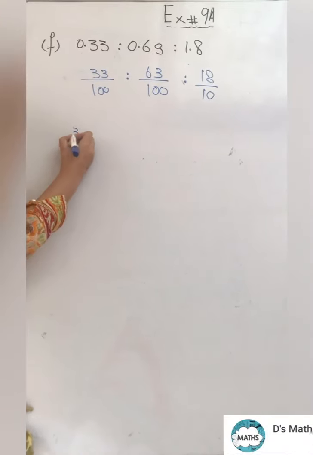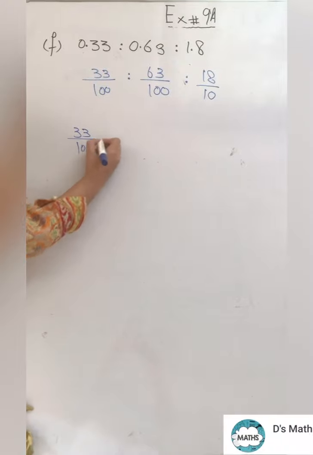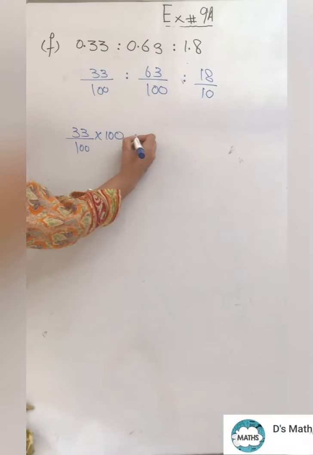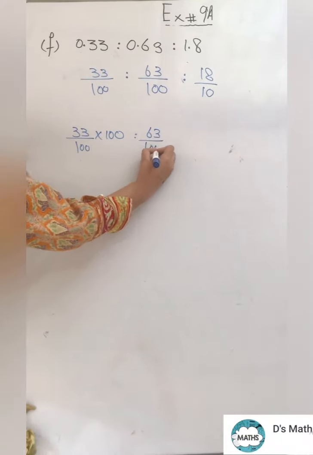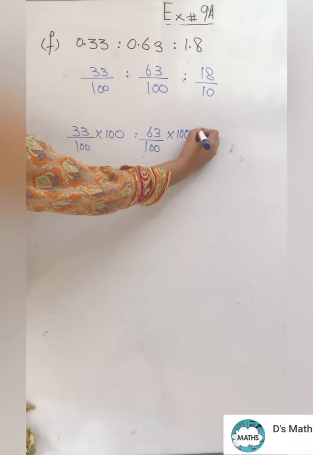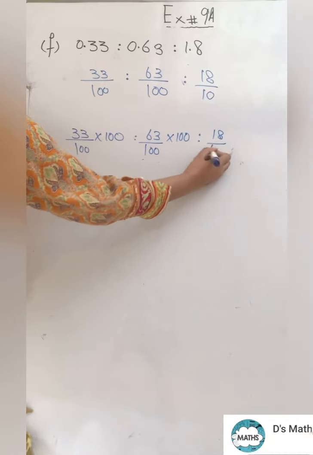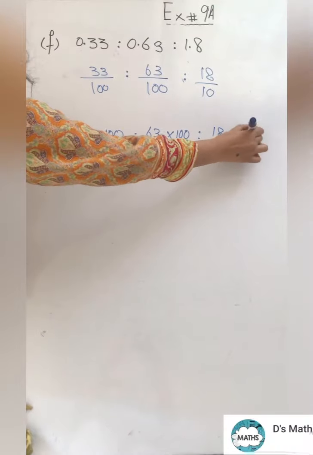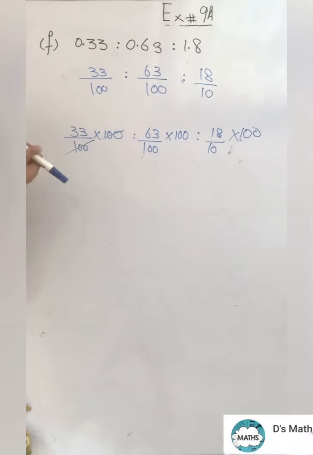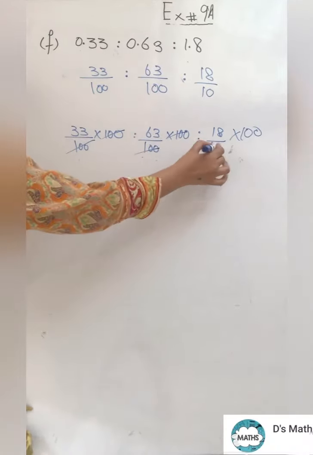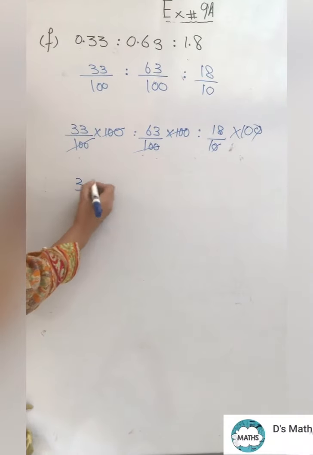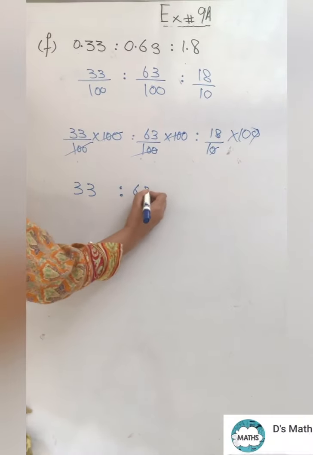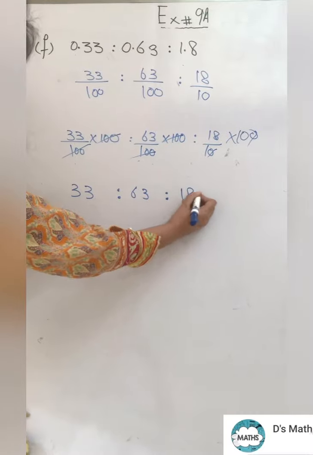So it's better to multiply all the fractions by 100: 63 over 100 multiplied by 100 ratio 18 over 10 multiplied by 100. Now 100 cancels with 100, and 10 with 10. Now you have the answer 33 ratio 63 ratio 180.